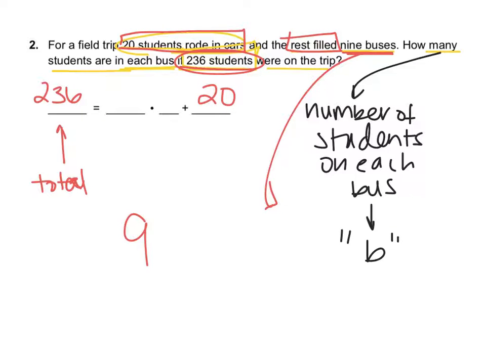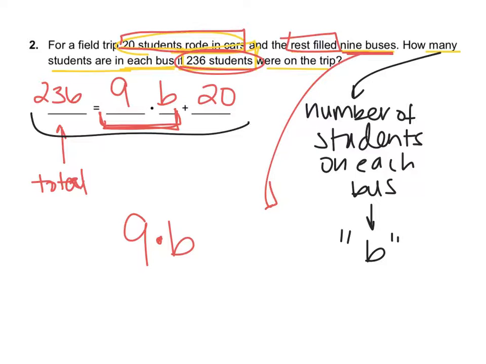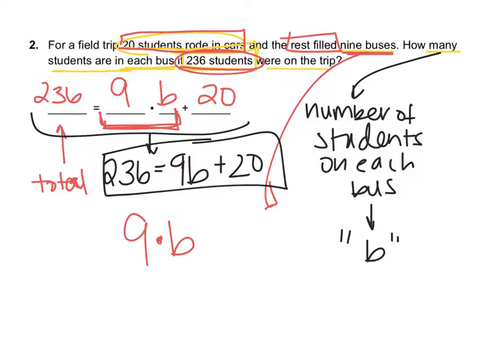So we're going to figure out the rest of the students by taking 9 times the number of students on each bus, because that's going to help us figure out how many total students rode the buses. So our final equation would then become 236 equals 9b plus 20.